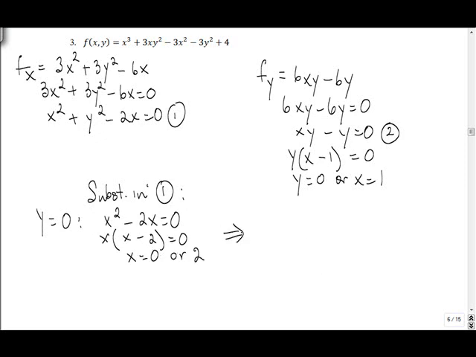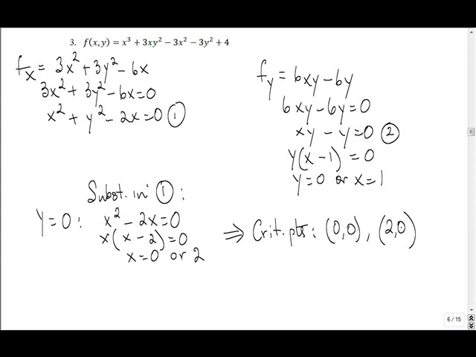So all of this gives me critical points as (0, 0) and (2, 0). So that's 2 of them. Any questions so far?